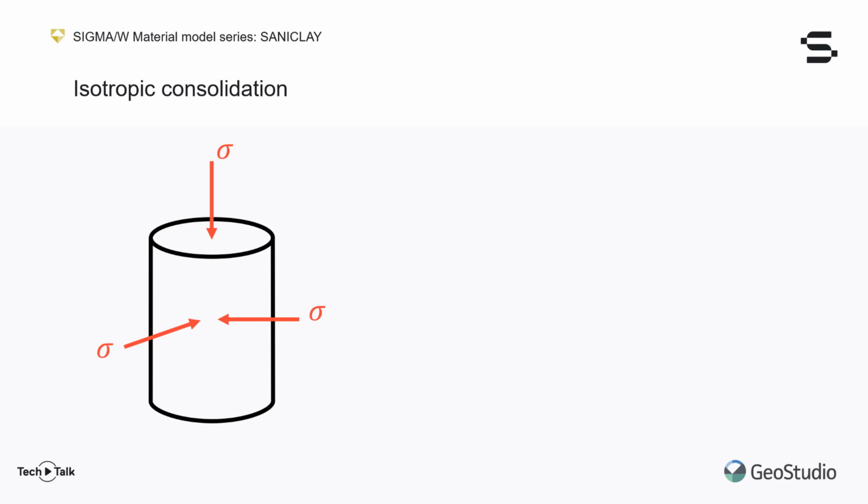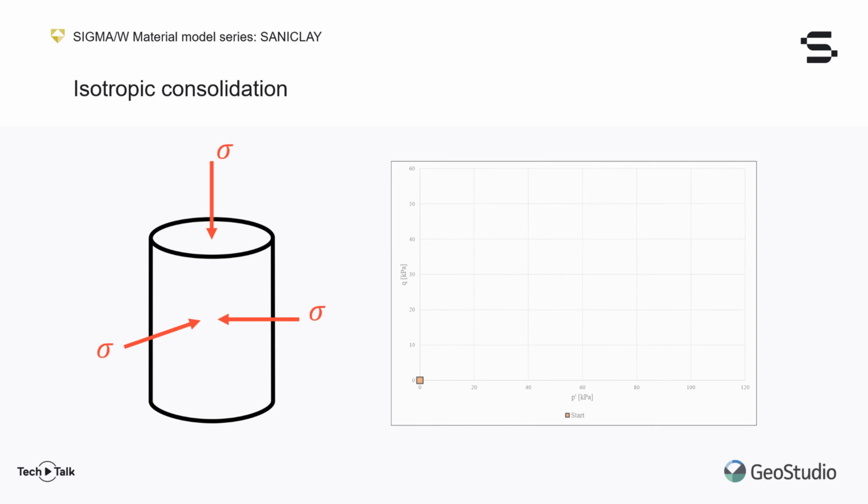This creates an isotropic starting stress point before the start of the loading phase of the triaxial test. On a stress path plot, the consolidation path would be a straight line where the mean effective stress increases to 100 kPa in this example, but the deviatoric stress remains constant at 0 kPa. Since the same stresses are applied on all the faces of the sample, there is no deviatoric component to the stresses, or no shearing, if you will.